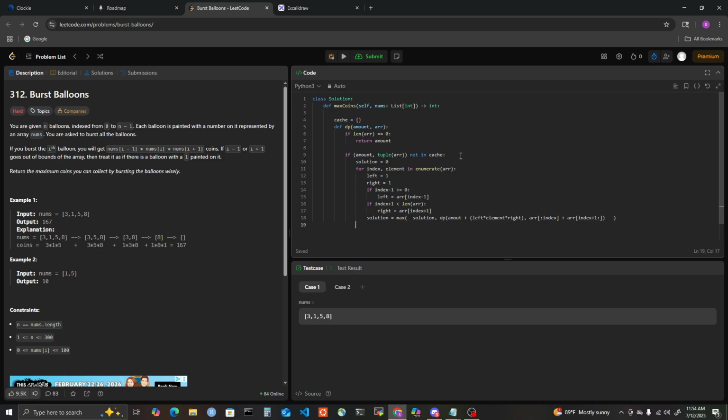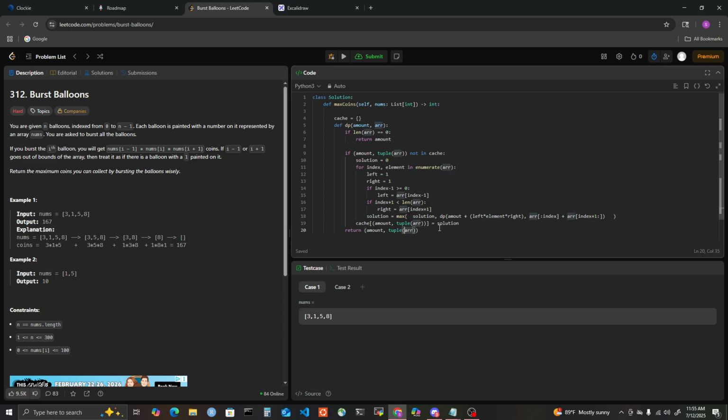Okay. And then cache of this actual ridiculousness is going to equal solution. And then we're going to return the cache.